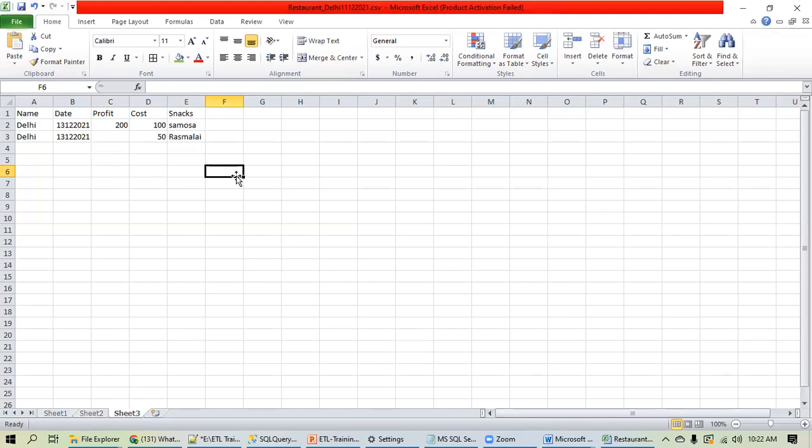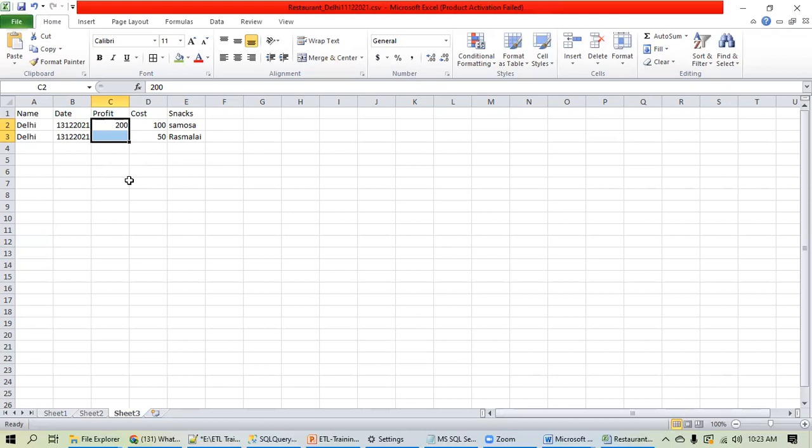Suppose you are displaying it on a report, whether Power BI, Tableau, OBI, or any other report, and you show the number as 200, that yes, we have made a profit of 200 rupees on 13th of December 2021. Tell me, is this the correct information you're showing to the business stakeholders?